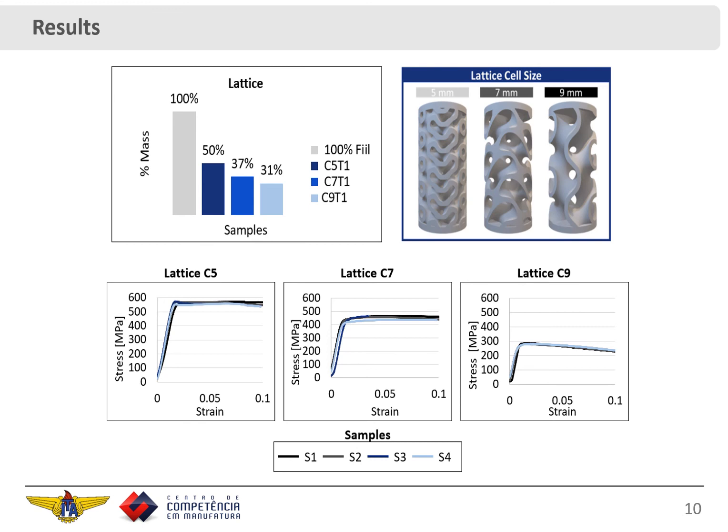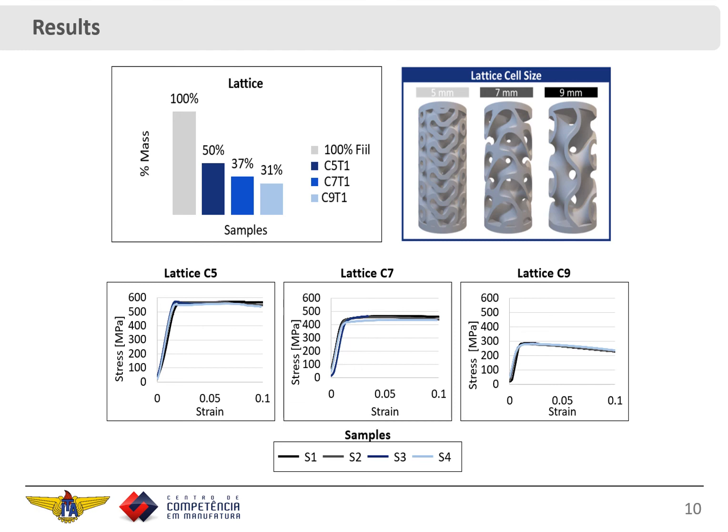And we also can see, to complete this analysis, the mechanical response of each lattice configuration, and the better response was achieved by the 5mm cell, while the worst response was achieved by the 9mm cell.